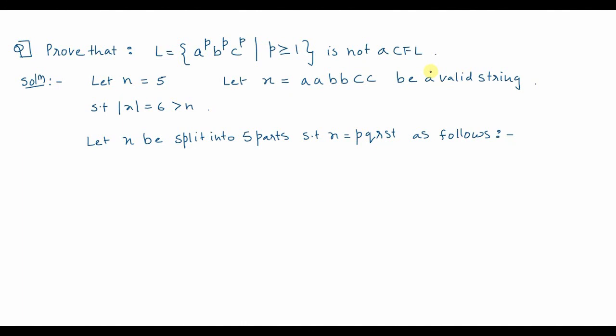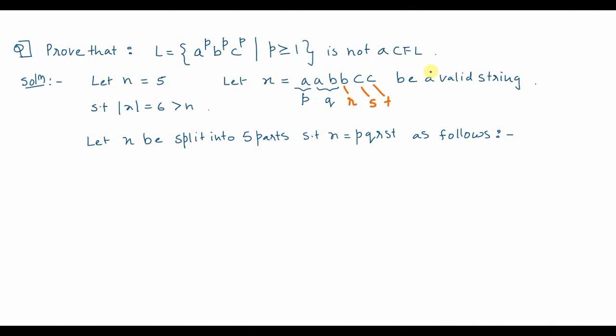The first A that is there, let this be P. Next A and B, let this be Q. Then single B, let this be R. Single C be S, and last C be T.